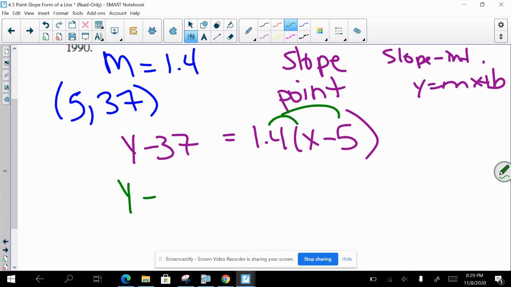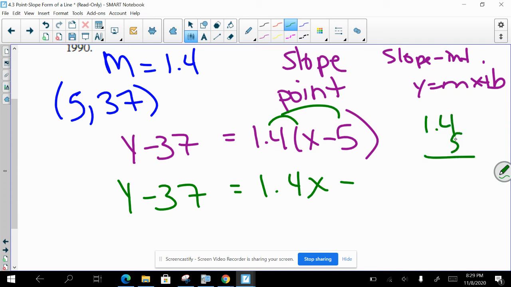So you would still have y minus 37 over here, 1.4x, and then minus, what would this be? I want to say 6. Let me just double check here. So this would be 20, or maybe it's 7, 5, 6, 7. Yeah, 7. And then add the 37 over.